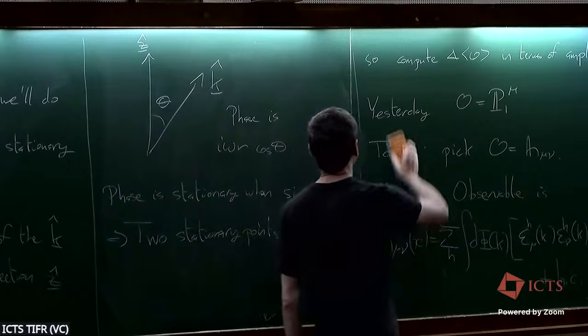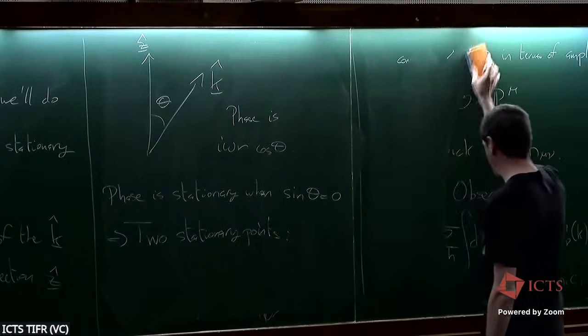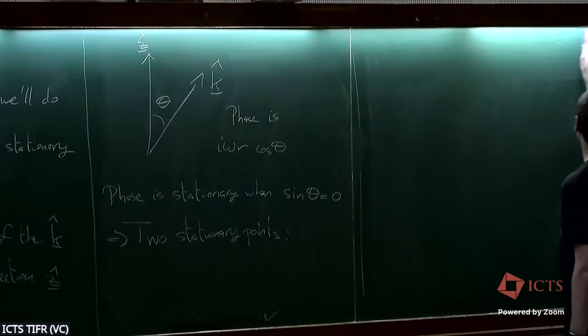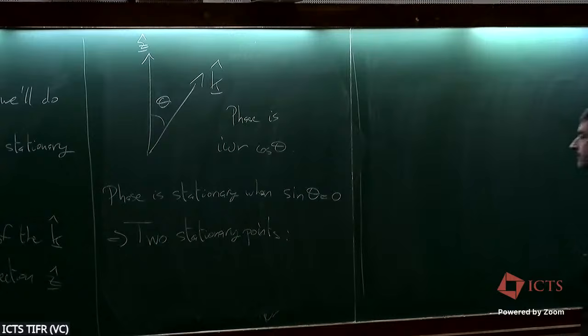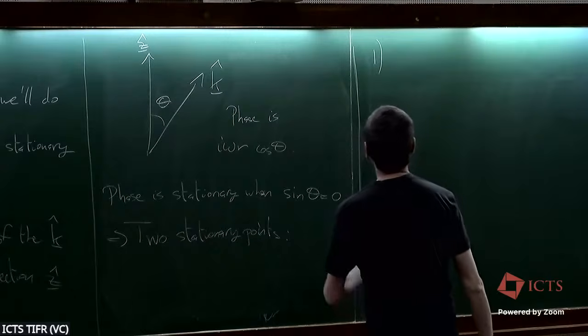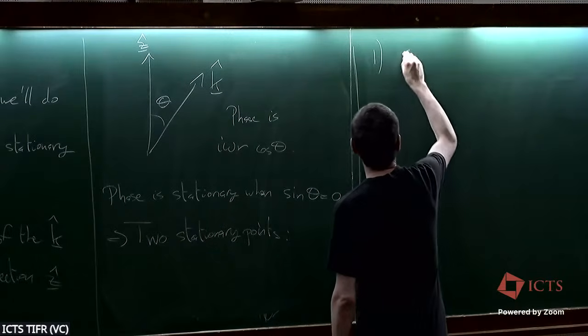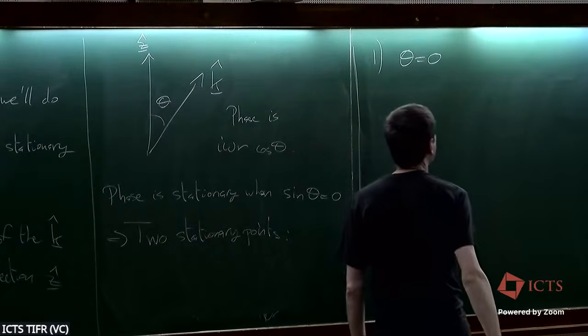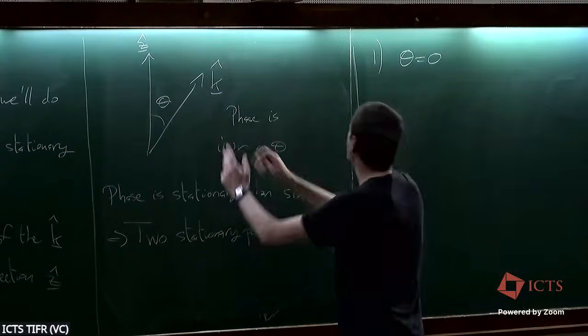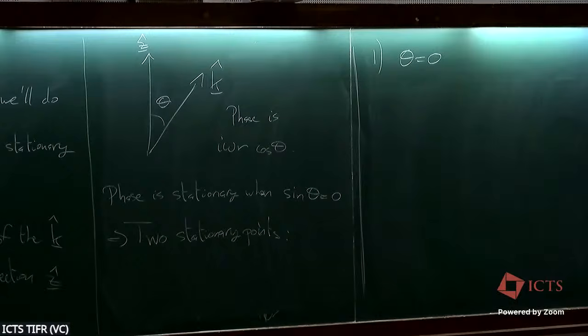So I want to draw pictures of these. The first will be at theta equals 0. At theta equals 0, we have a situation where the k vector is in the direction of the observer.